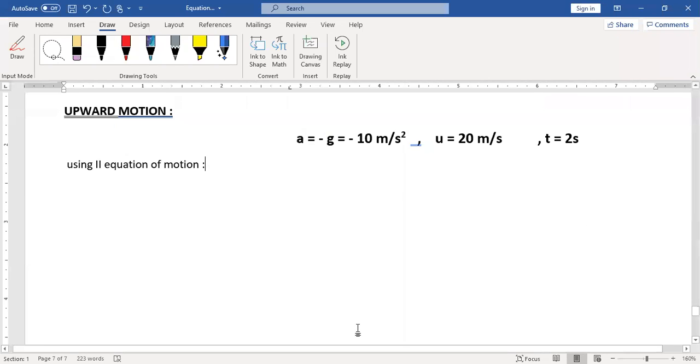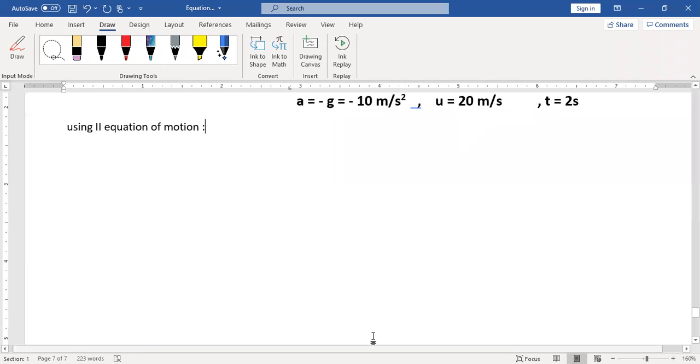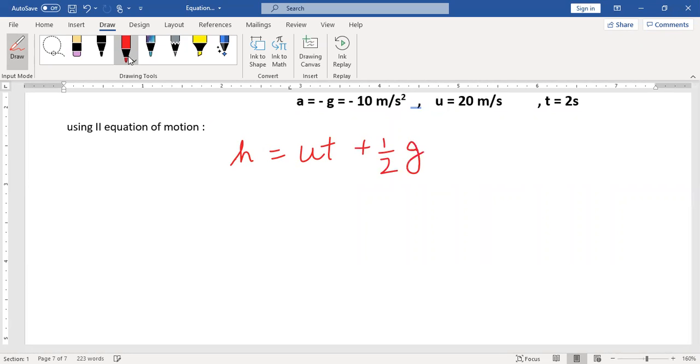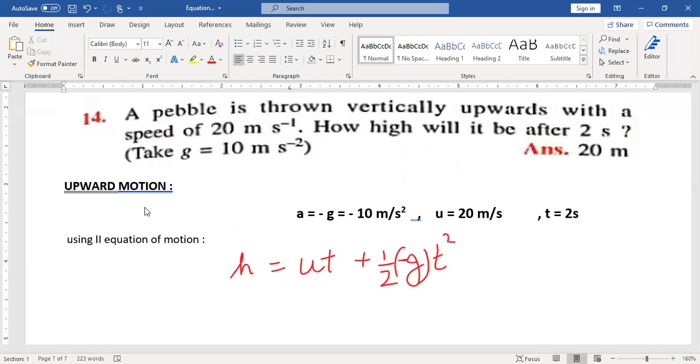So using second equation of motion, that is height h is equal to ut plus half a t square. Instead of a, I'll write down minus g. So what is h here? That we have to find.